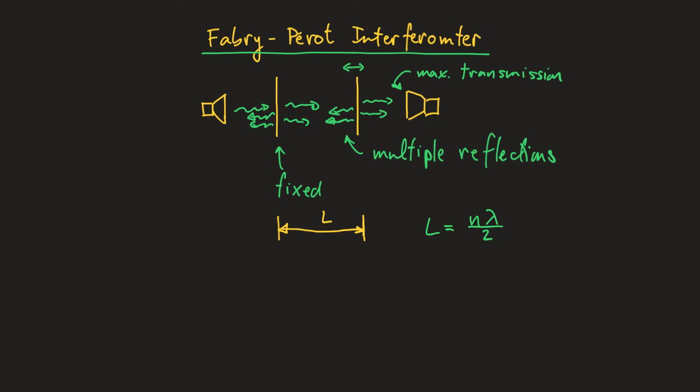So the wavelength is 2.85 centimeters, so you should be seeing transmission maximum approximately every 1.42 or 1.43 centimeters.